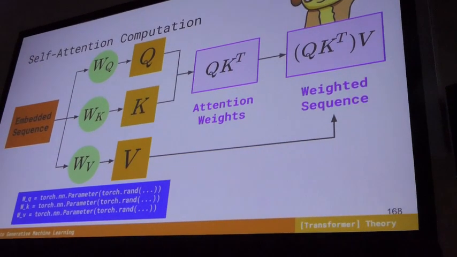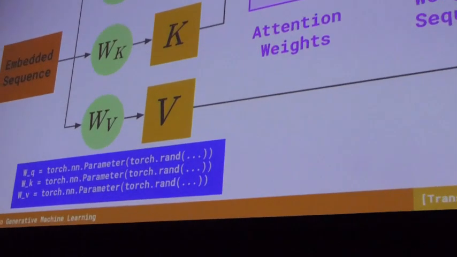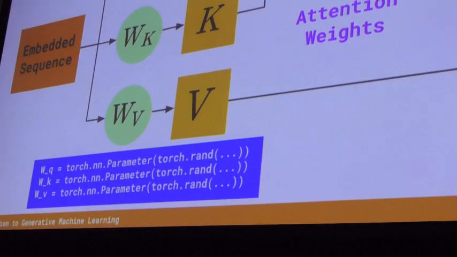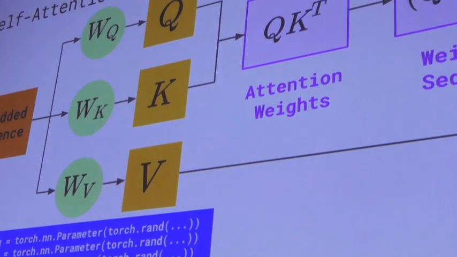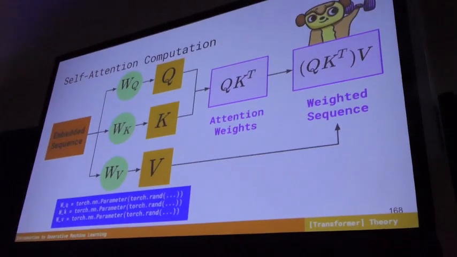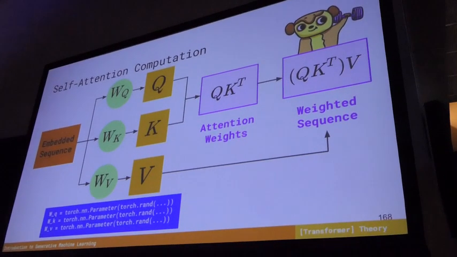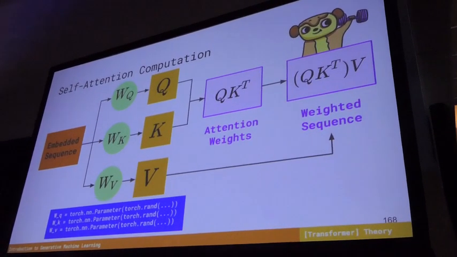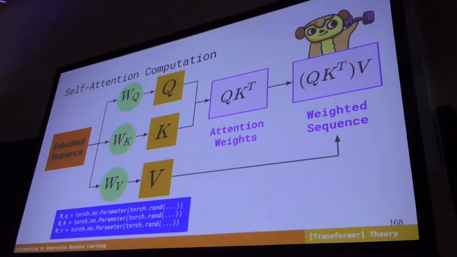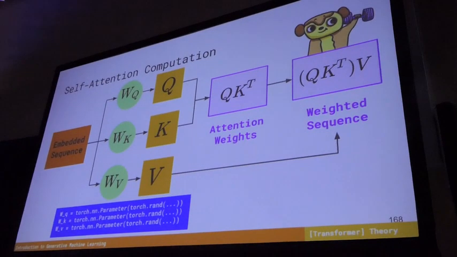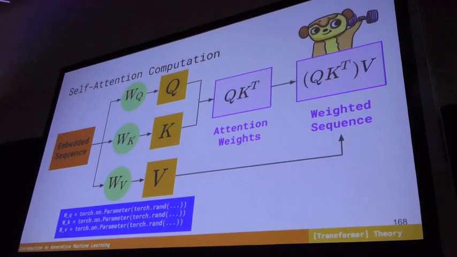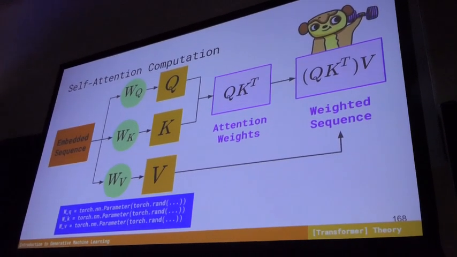So this is how you would actually compute the self-attention in practice. We project it into queries, keys, and values using 3 learned matrices. And these weight matrices are adjusted as model parameters during training. I think the most intuitive way to think about it is as a tool to help us decompose an input sequence into useful components.